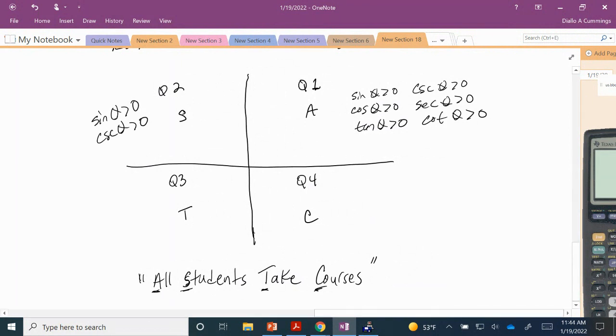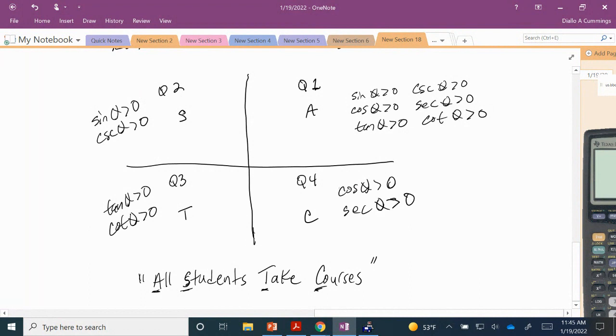In the third quadrant, T, which alludes to take, states that the tangent and its reciprocal, the cotangent, are positive. Everything else is negative. And then in our last quadrant, the C for courses states that the cosine and its reciprocal, the secant, are positive.